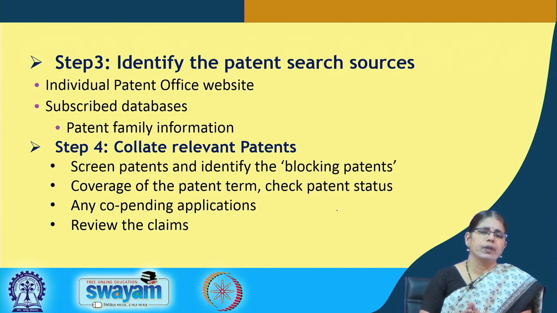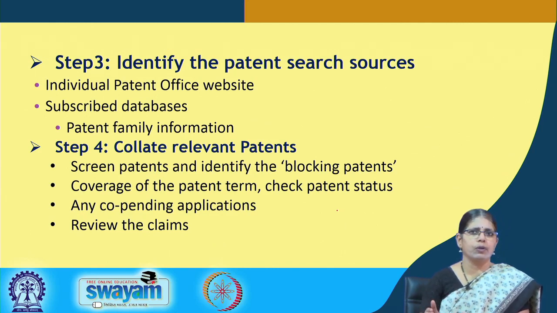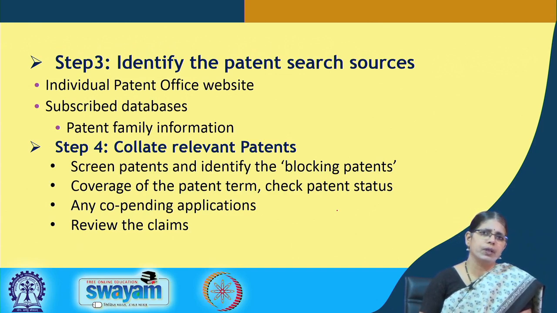At this stage, one must also keep in mind that different inventions have value with respect to different geographies in a different way, which means the same products are not launched or the same patents are not taken across geographies, depending on the use of those particular inventions in those geographies. So, looking at the equivalents for patents is again very important from the point of view of an FTO search. The step 4 is the collation of the relevant patents into one set.